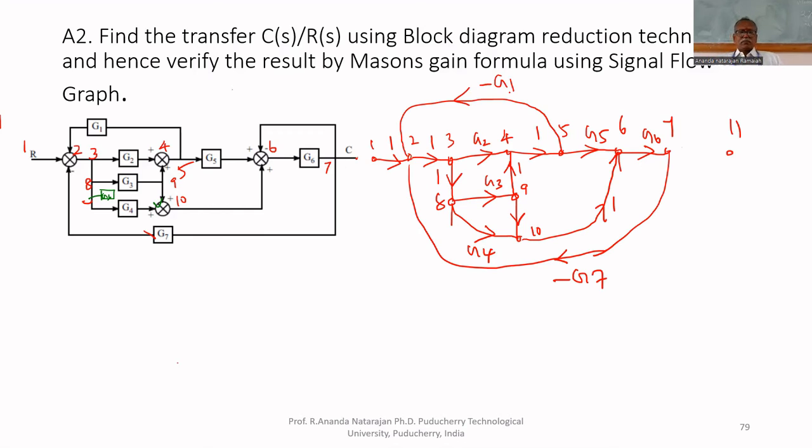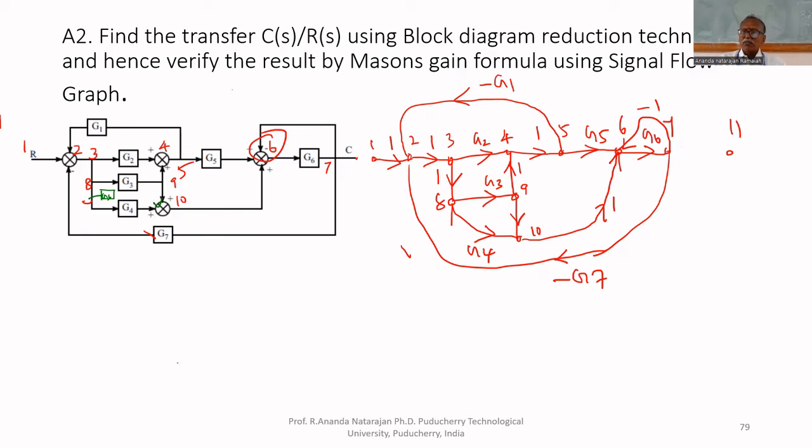That's all. Anything I missed? 7 to 6, gain is minus 1. Why minus 1? Negative feedback. Here you can notice that a negative sign is there. Therefore, minus 1.